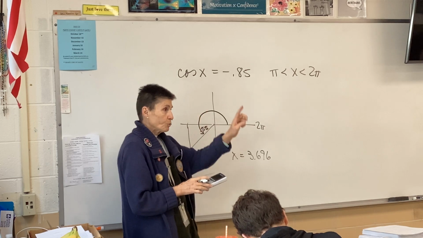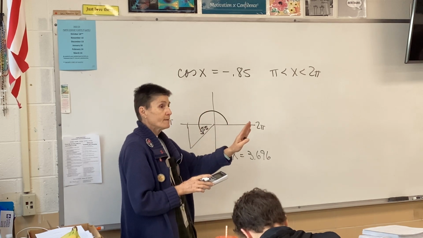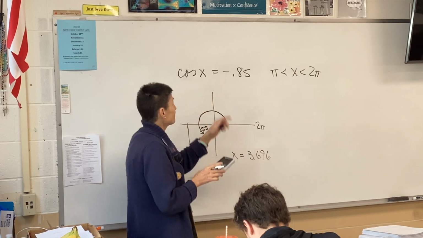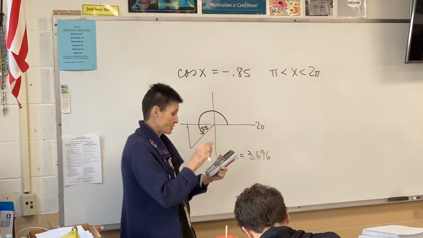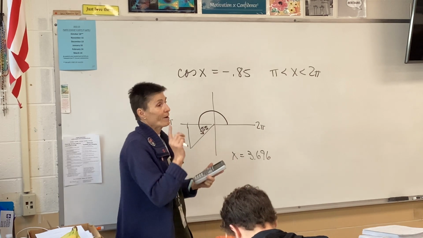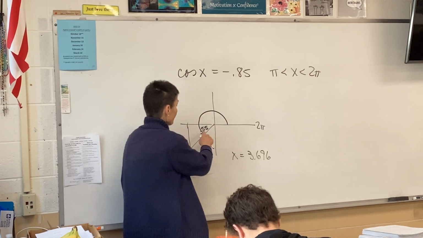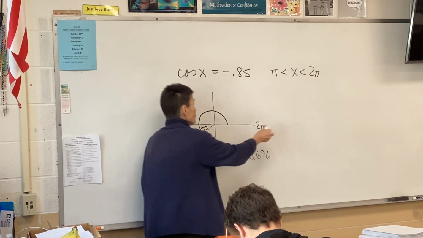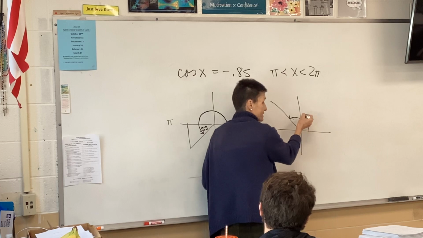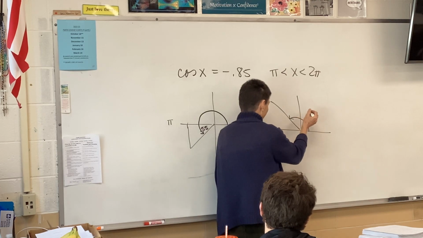Now I want to make sure we're all clear on this, okay, you guys? If you take secant inverse of negative 0.85 and just go ahead and put the negative in, you do not get the reference angle. This is called the reference angle. You get this angle right here. This is the angle that you get. It's 2.587.